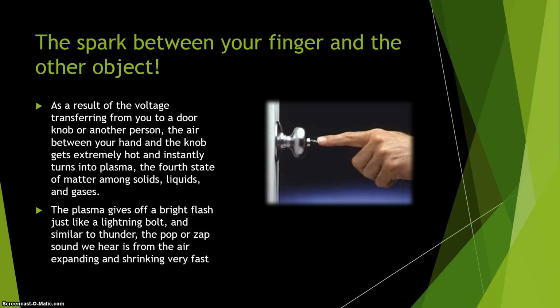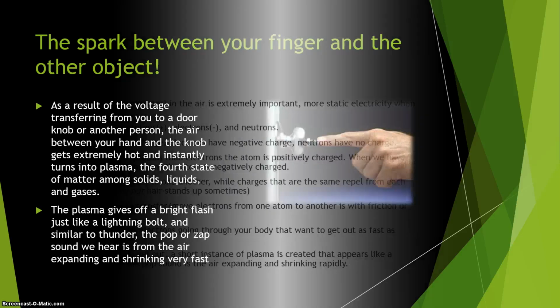The plasma that is created here gives off a bright flash just like a lightning bolt. That's why it looks like a lightning bolt. And similar to thunder, the pop or zap sound we hear from touching things or in the dryer, taking clothes out, is from the air expanding and shrinking or compacting extremely fast.